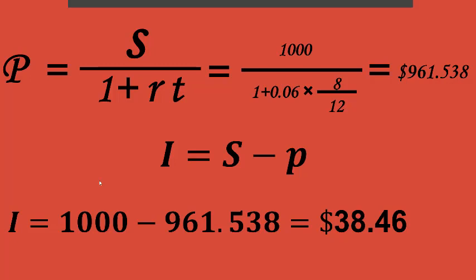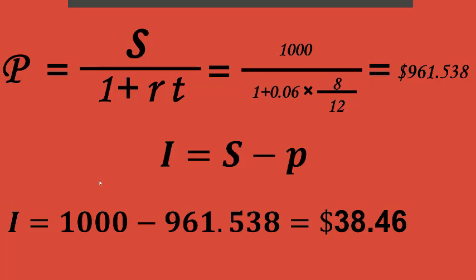So to get $1,000 after 8 months, she must invest $961, and the difference between $1,000 and $961 equal to the interest she can earn.